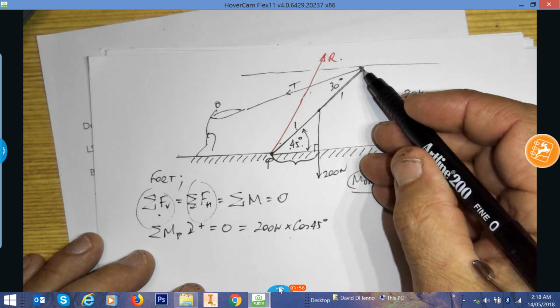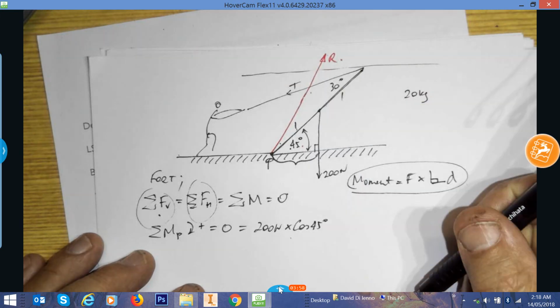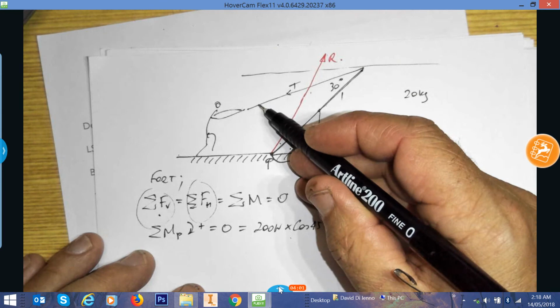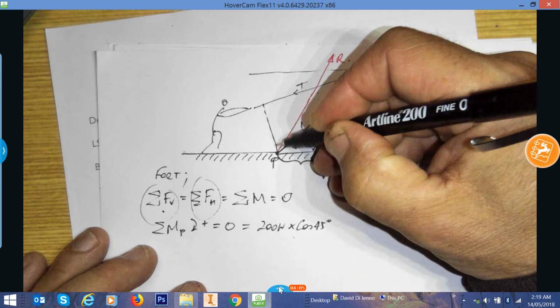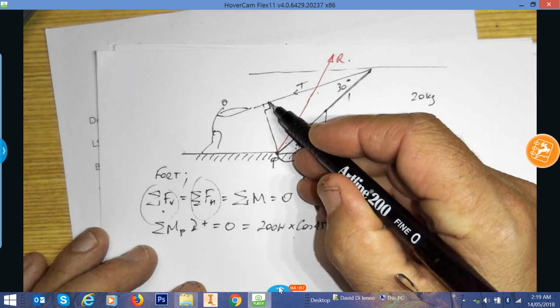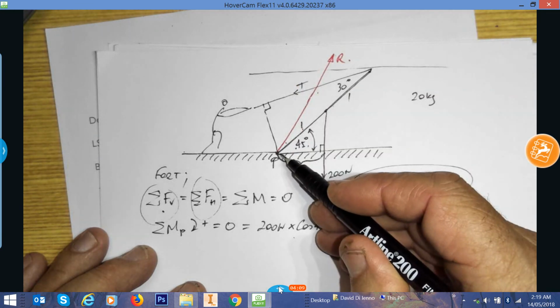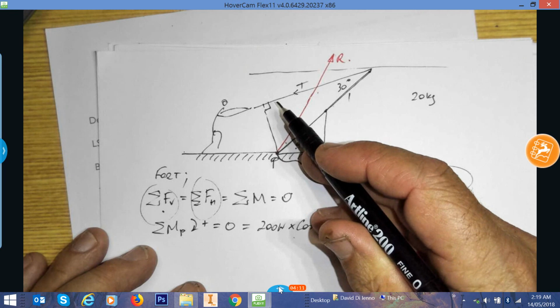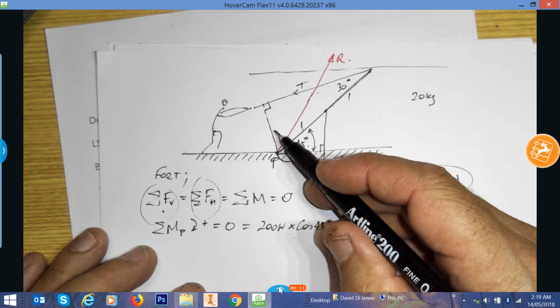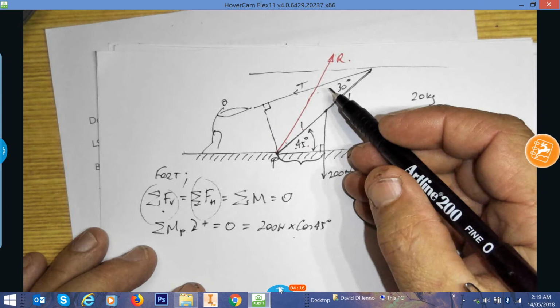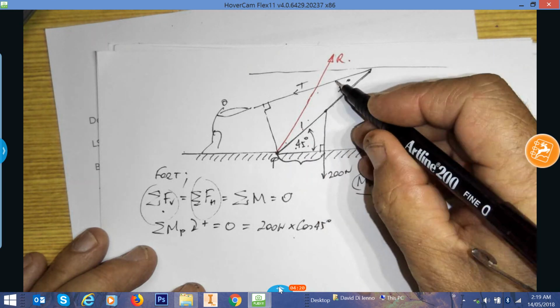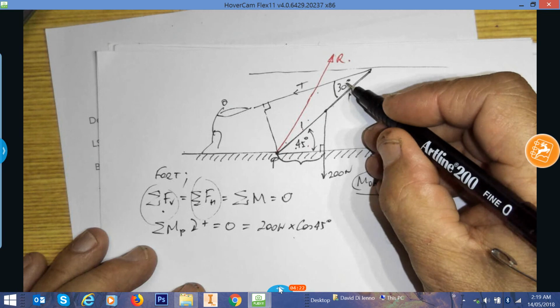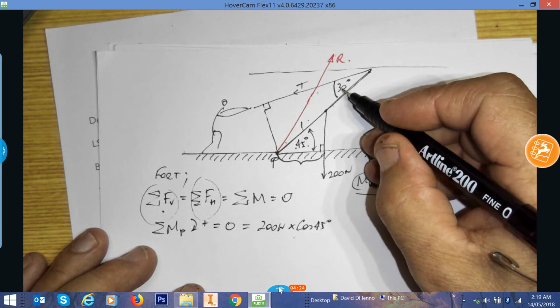Then it's counteracted by another force, which will be the tensile force acting along here. But we need to find out what the perpendicular distance is from that tensile force to the pivot point in order to generate the moment from the tensile force. So there's the tensile force. What is this distance? Well, we've got another right angle triangle, oddly enough, and we know that the hypotenuse is 2 units, 1 and 2, and that's one of the included angles, 30 degrees.